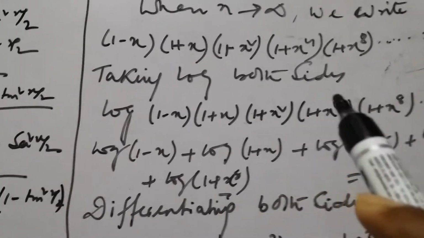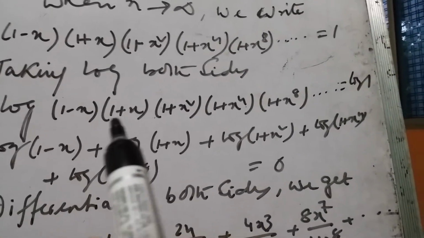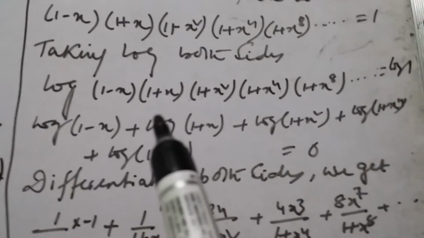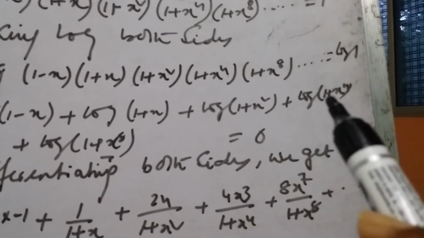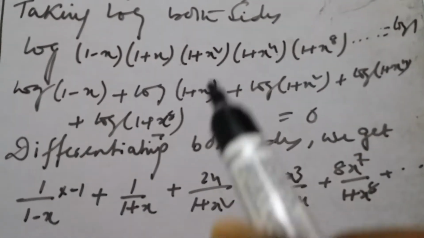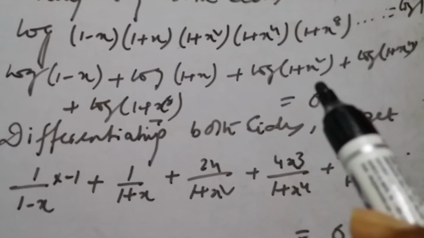Now taking log on both sides, this is a multiplication, so log a plus log b plus log c plus log d plus, in this way, using the multiplication formula of log, that is equal to 0.